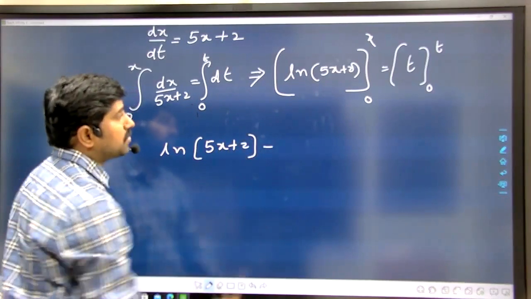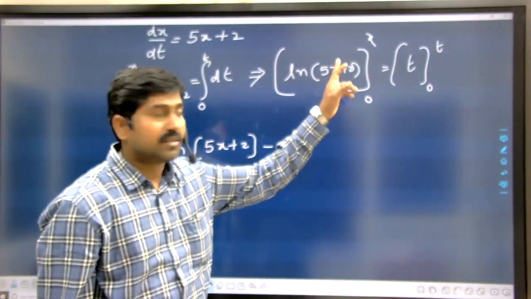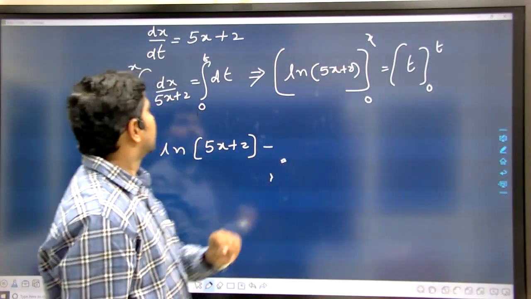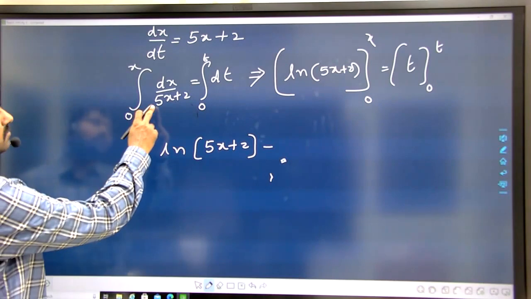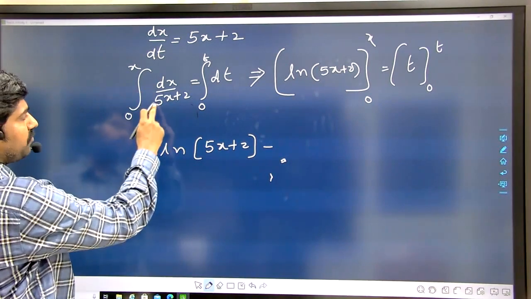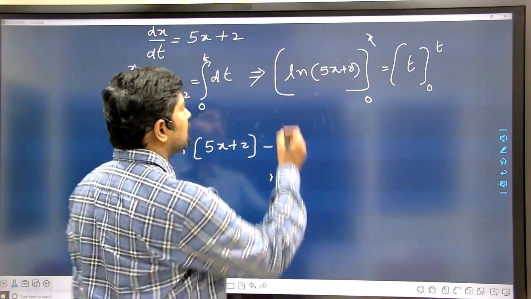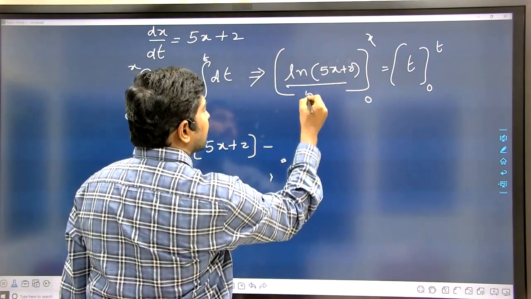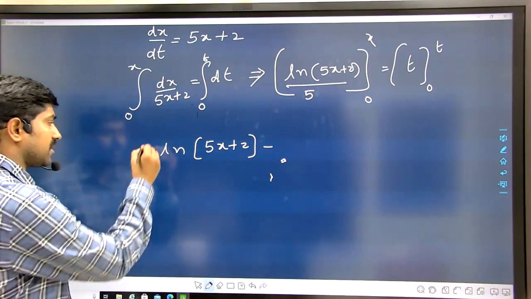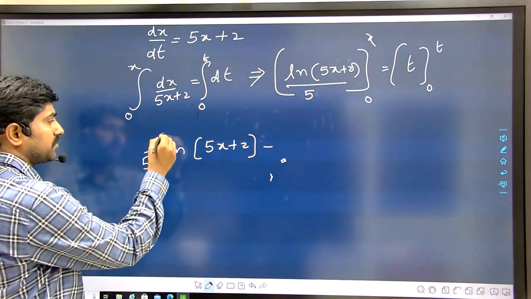But when you substitute the lower limit 0 here, 5 into 0 will be 0. Okay, and of course here for 1 by 5x plus 2 integration is log of 5x plus 2 and by 5. The derivative of inner function also I have to consider. So I can take here 1 by 5.